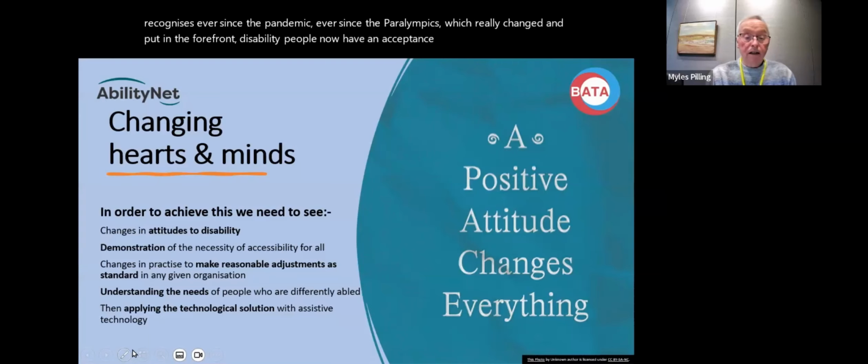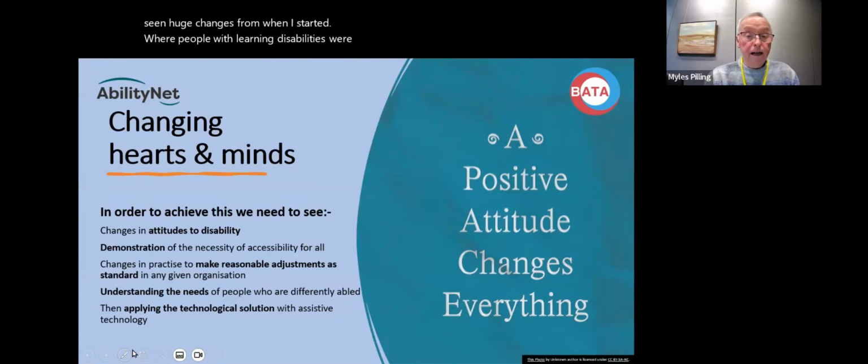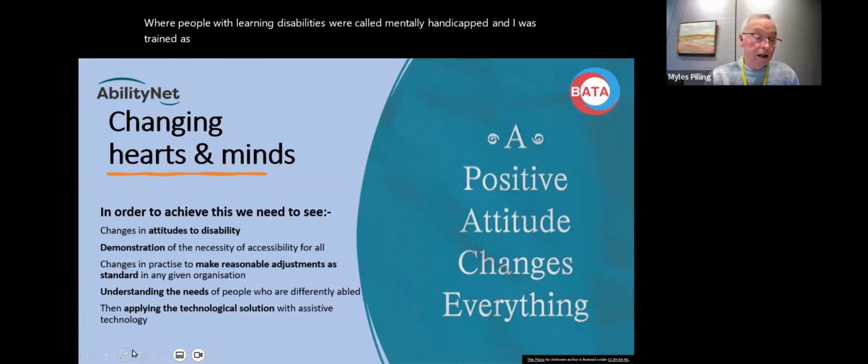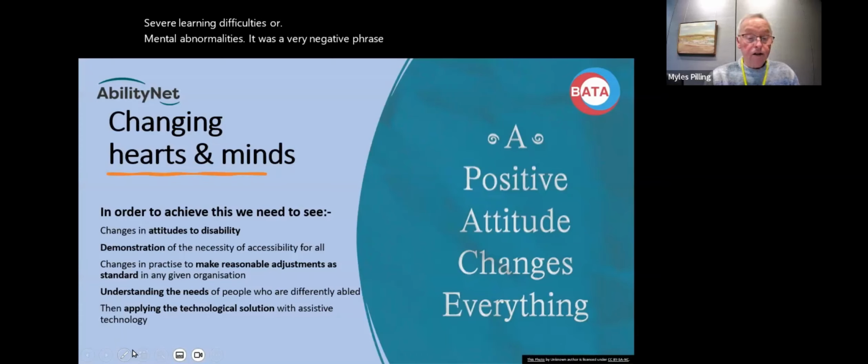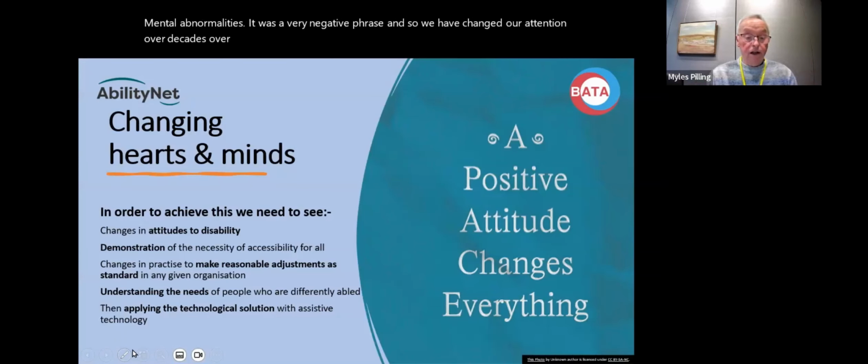As an educator, I have seen huge changes from when I started, where people with learning disabilities were called mentally handicapped, and I was trained as a teacher of the severe learning difficulties or mental abnormalities. It was a very negative phrase. And so our terminology has changed over decades.